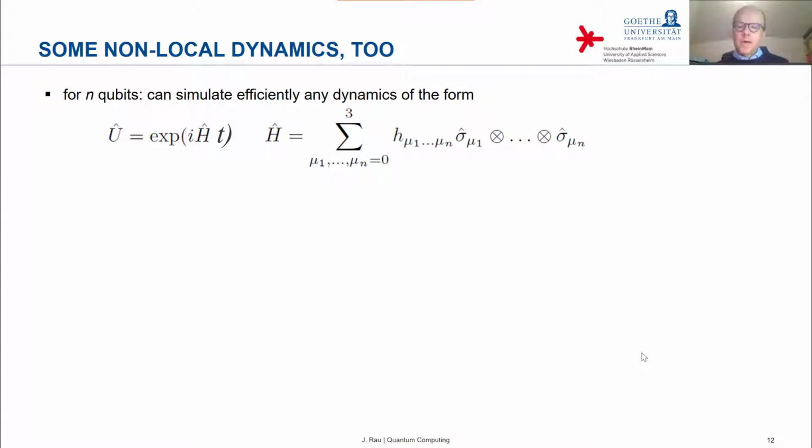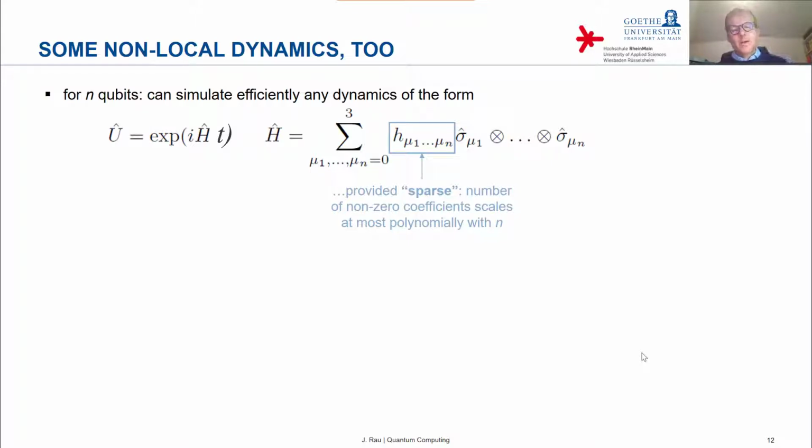However, there's another requirement, and that's a weaker requirement than locality. The requirement is that the Hamiltonian is sparse, in the sense that the number of coefficients in this sum which are non-zero scales at most polynomially with n.